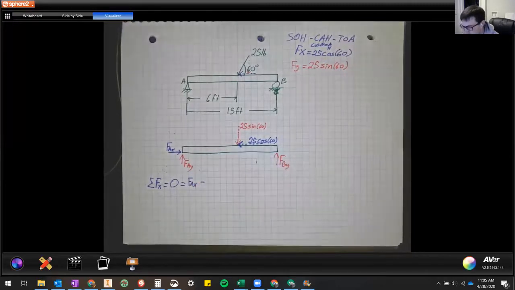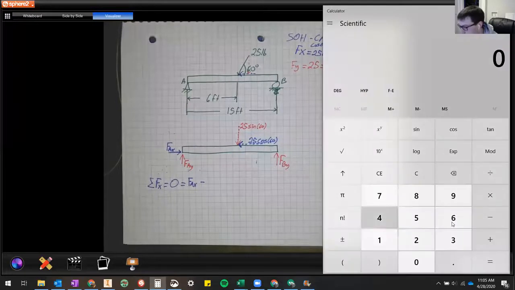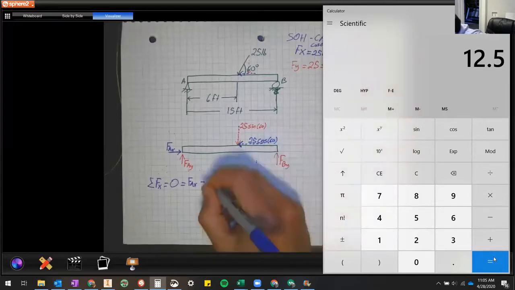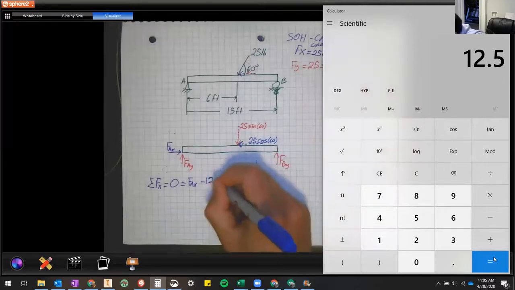So let's do that really fast. On my calculator on my computer, I have to do it this way. Cosine 60 is 1/2, times 25 is 12.5 pounds. So I'm going to write that down here: 12.5 pounds.